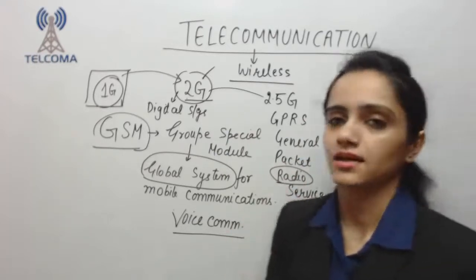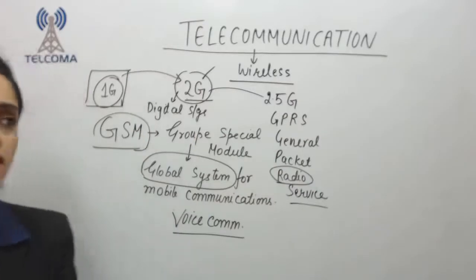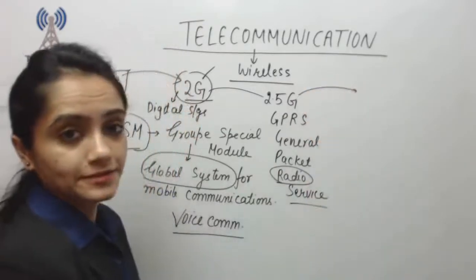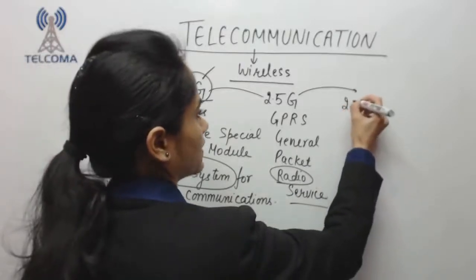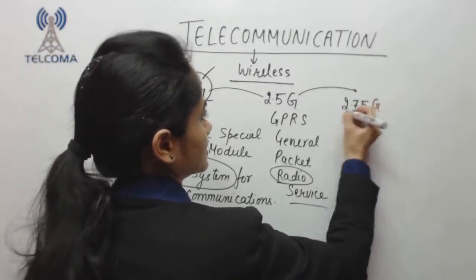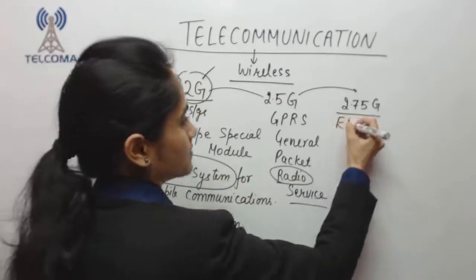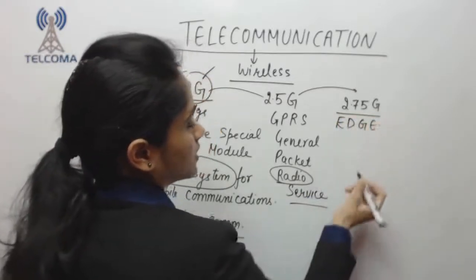But the data rate in GPRS is very low, so we require a higher data rate. So we have 2.75G, with the name EDGE.